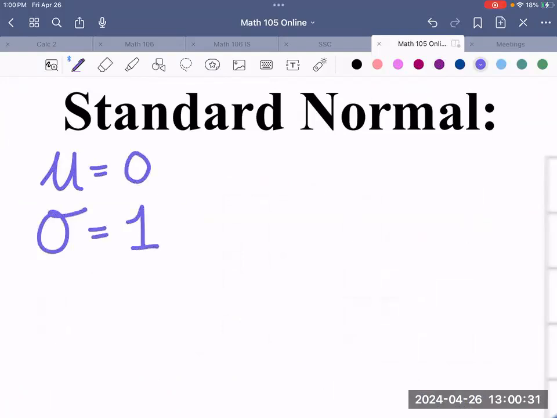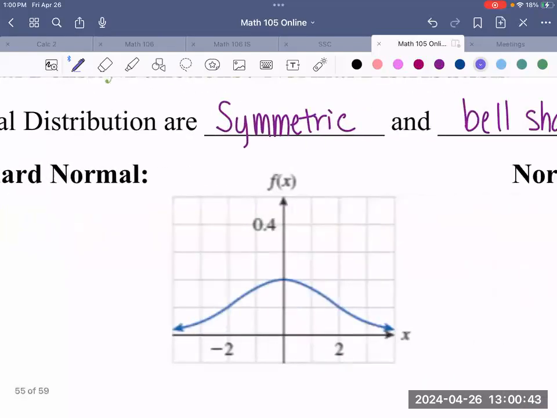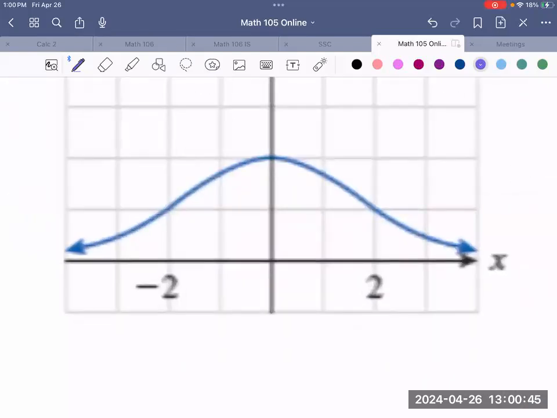And for our graphs, we're going to assume that the numbers showing on your x value suggest, if you can find the middle, that on either side, that's going to be your standard deviation. So let's start off with this graph. Is it symmetric? Yes, it's symmetric. Is it bell-shaped? Well, yes, it's bell-shaped. Now, is it a standard normal graph?